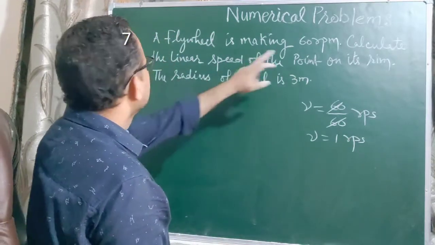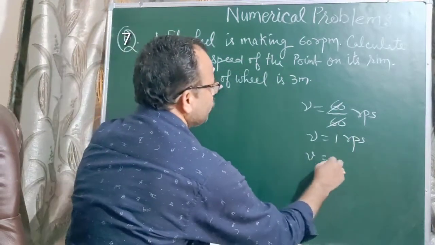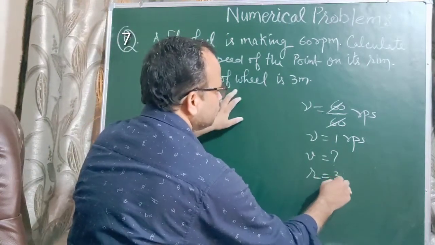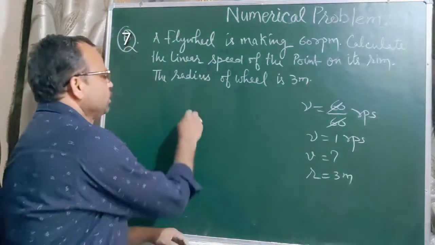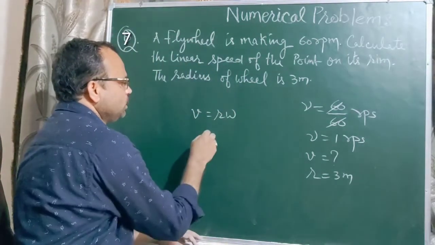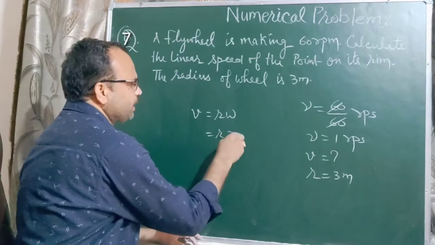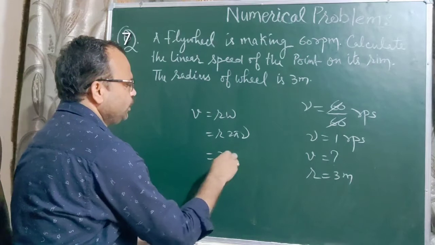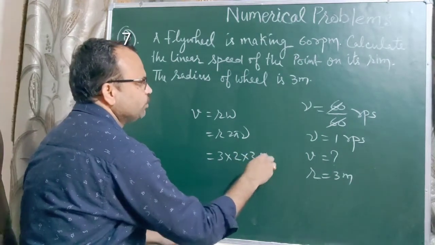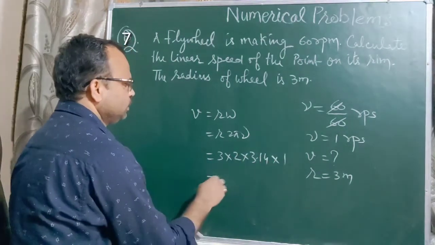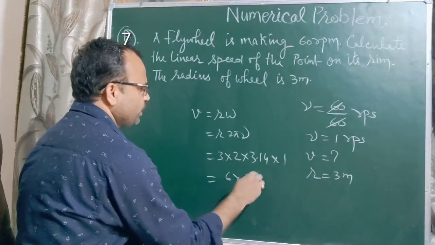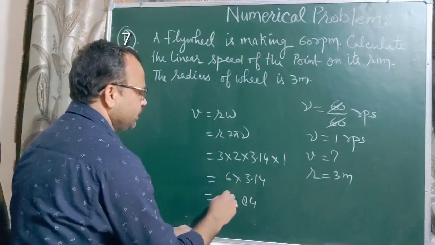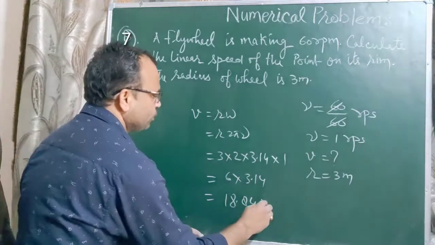Okay, so we have to calculate the linear speed, means v equals question mark, and its radius is also given, r equals 3 meter. So as we know that v equals rω and the value of ω is 2πν. So now substituting the values, 3 into 2 into the value of π which is 3.14 into the value of ν which is 1. So 3 twos are 6, into 3.14. So 6 fours are 24, 6 ones are 6, 6 threes are 18, means 18.84 meter per second.